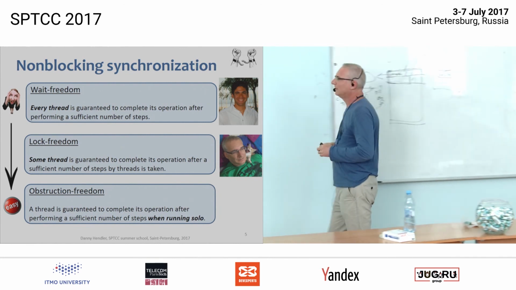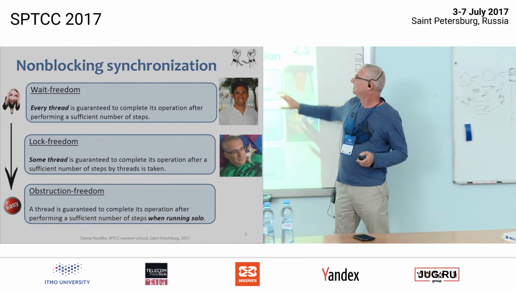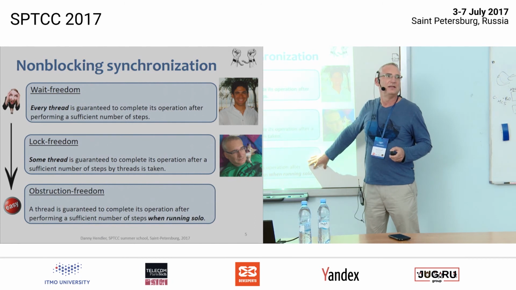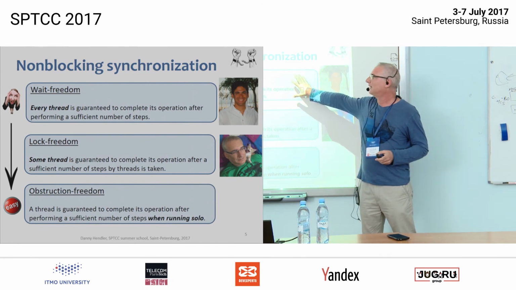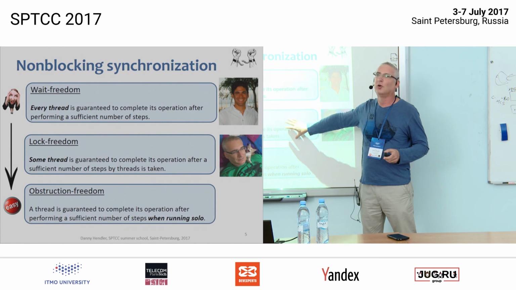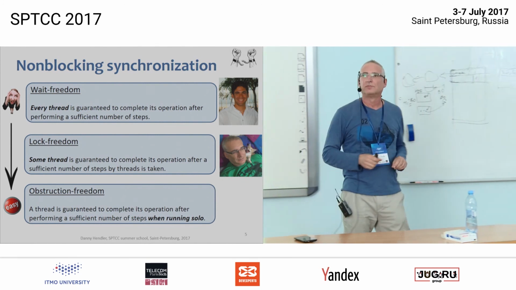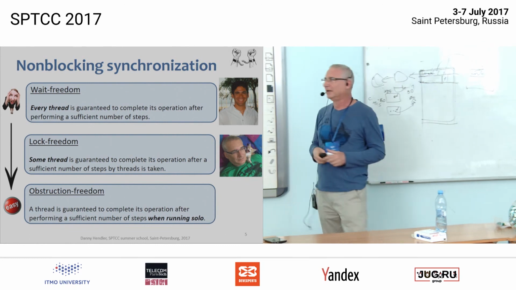One more thing to observe here is that there is a relation between these three classes. So what do you think is the relation between the class of wait-free algorithms and lock-free algorithms? There is a containment relation.